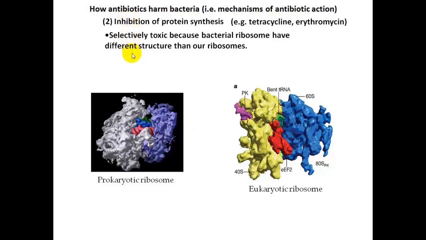These antibiotics that work by stopping protein synthesis are selectively toxic because bacterial ribosomes have a different structure than ours. And so these antibiotics recognize stuff that you find on the prokaryotic ribosome, but not on the eukaryotic ribosome.